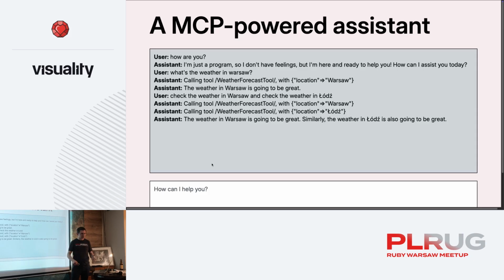Yes, in general it is possible because, as I mentioned, the first action that happens, I call the first tool, get the response, and push it back to the LLM. And the LLM says, now check in Łódź. However, after the initial prompt, I got the response, use the tool for Warsaw, and use the tool for Łódź. I could have used both tools before answering the LLM.